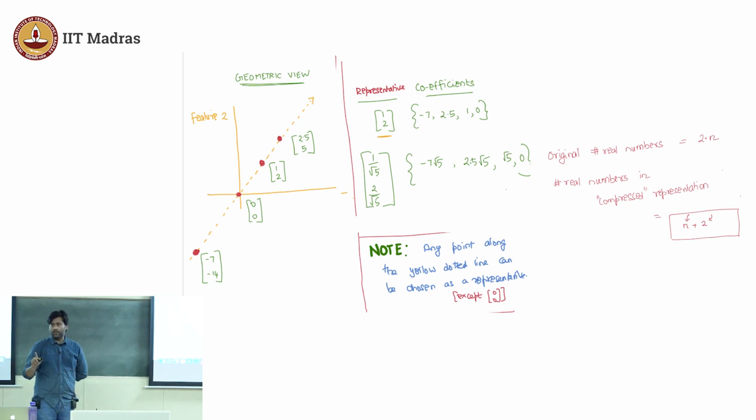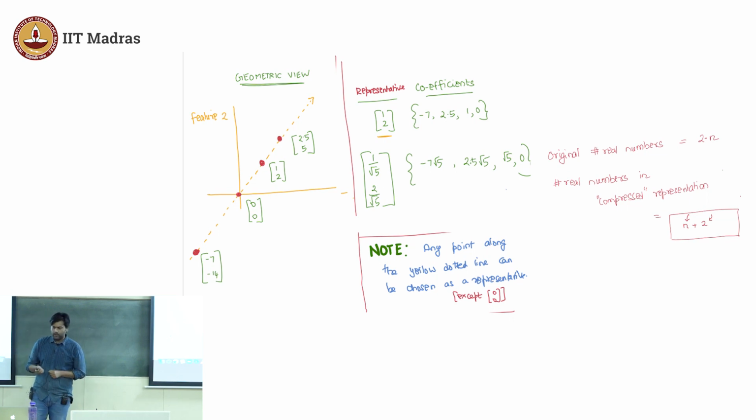That is also okay, because I am dividing the representative by √5, so all the coefficients are going to get multiplied by √5, right. So this is also a valid representation of this data set. Why would anyone want to pick this weird looking representative? We'll come to that later, but for the moment, just convince yourself that any point on this line is okay, right. Any questions here so far?